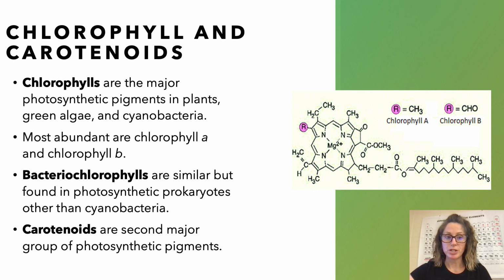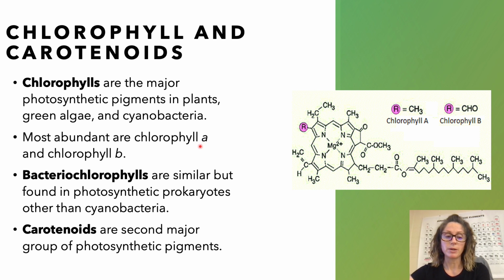Some more definitions. So chlorophylls are the major photosynthetic pigments in plants, and I feel this is probably a definition we're kind of familiar with. It's also found in green algae and cyanobacteria, so very common pigment. Most abundant are chlorophyll A and chlorophyll B, so there's different types of chlorophyll.